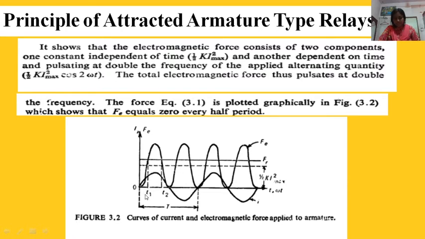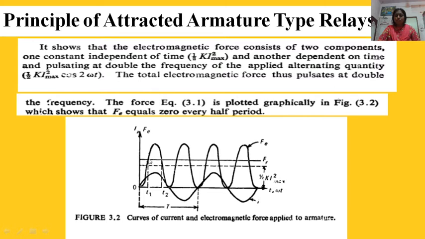Now at instant t is equal to t1, at this point you can see here, this is our first quantity, 1/2 K I max square. This is the constant term. This Fr indicates the restraining force produced by the spring. At t is equal to t1, Fe is equal to Fr.